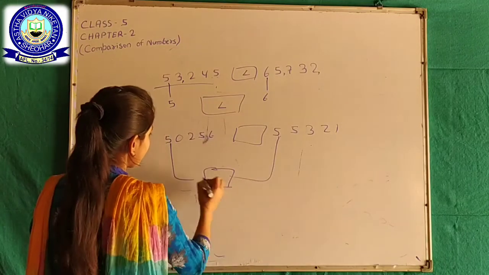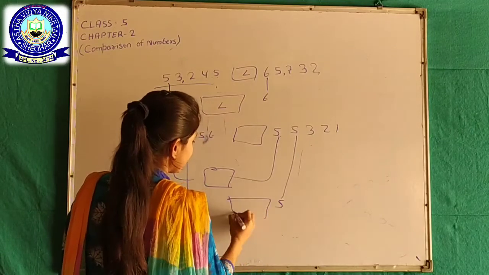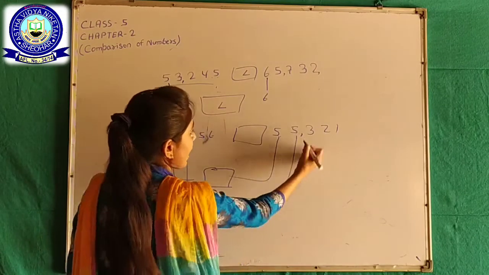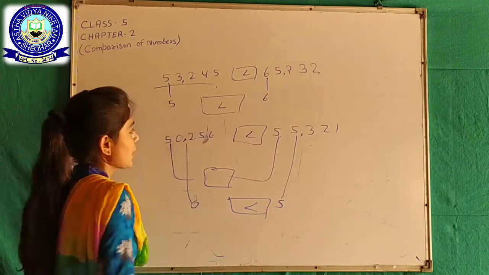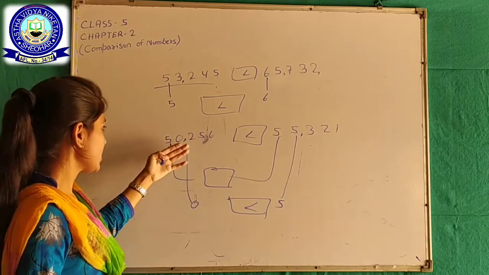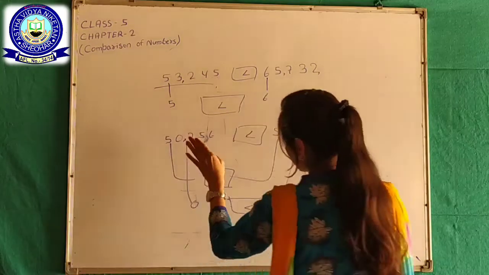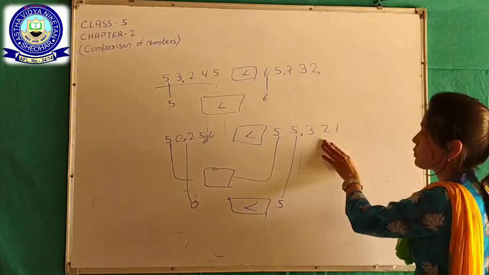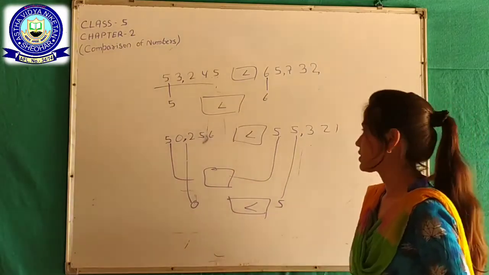Both are equal. Here is 0 and here is 5. Which one is greater? 5 is greater than 0. So 55,321 is greater than 50,256. Or we can say that 50,256 is smaller.